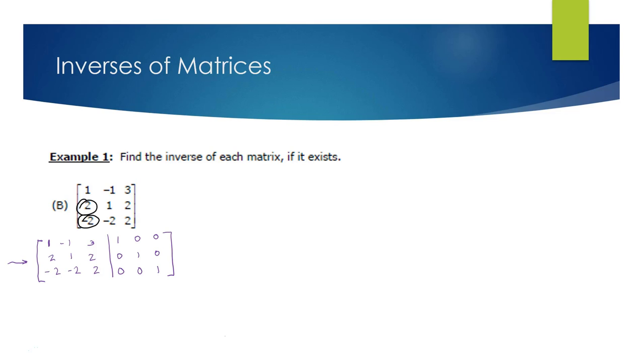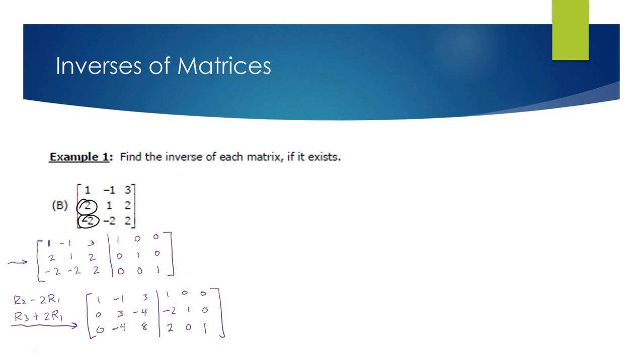The row operations for this step are row 2 minus 2 times row 1 and row 3 plus 2 times row 1. If I carry them through, I get the zeros where I want them on the left-hand side.